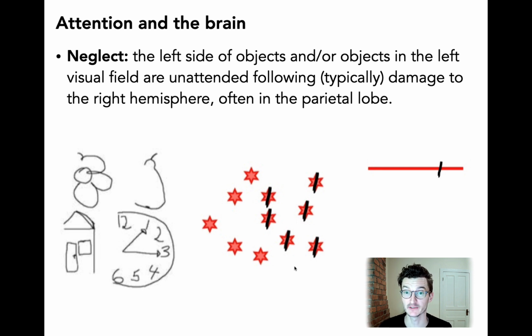So they can't attend to their left visual field, and because of this, this seems to impair their perception of things in their left visual field. Finally, if you presented a neglect patient with a line and you said bisect the line, so draw another line through the middle of the line you're seeing, you get something like this. So again, they're only perceiving things in their right visual field, or at least that's what it seems.